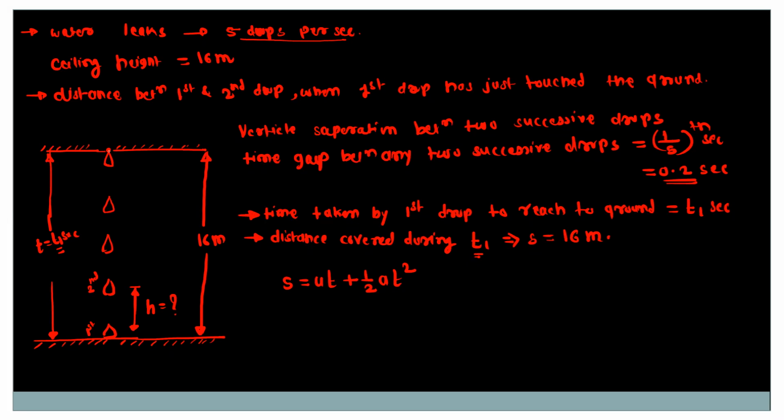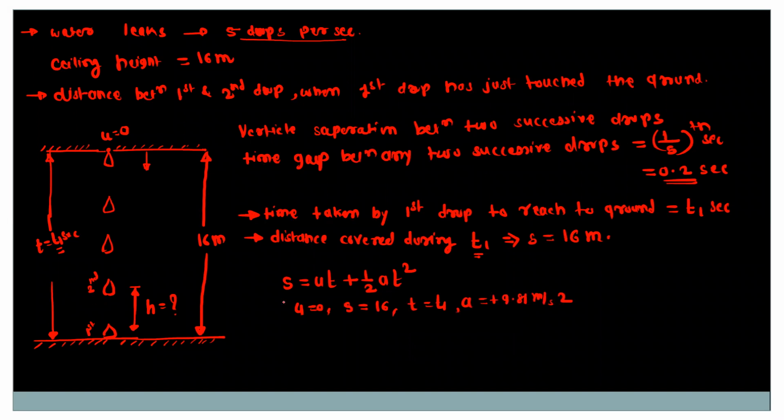This is the free fall, motion under gravity, with initial velocity having the downward direction and equal to 0. So u is equal to 0, s is equal to 16 meter, the height of the ceiling, time t is equal to t1, and acceleration is plus 9.81 meter per second square.